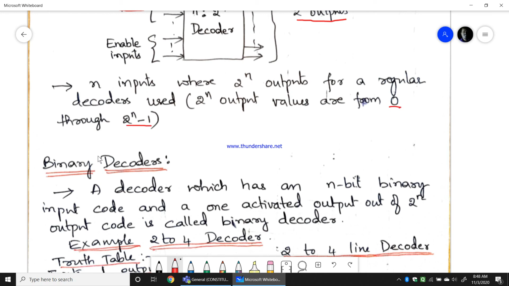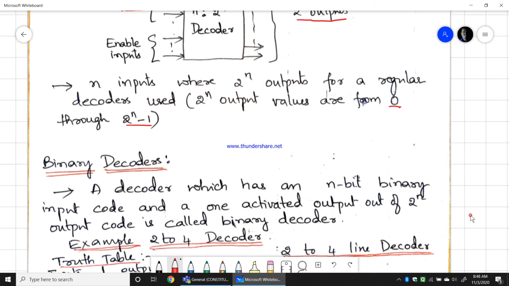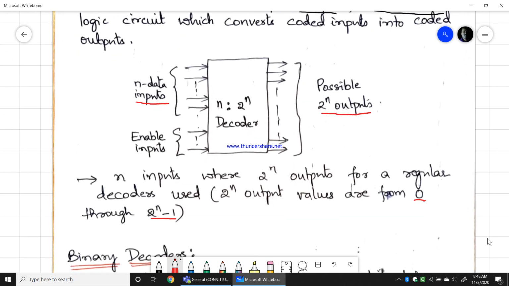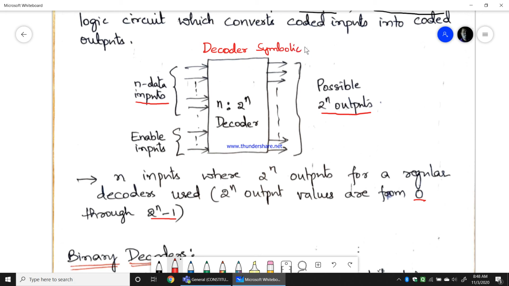So this is the definition of decoders which we have learned, and this is the decoder symbolic representation. When they ask you for the definition of the decoder, this is what you need to write.